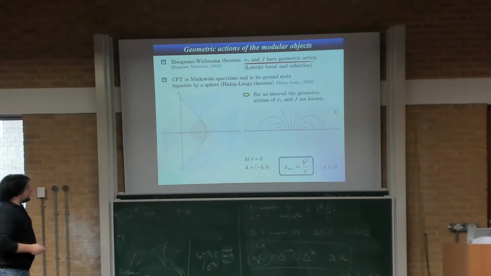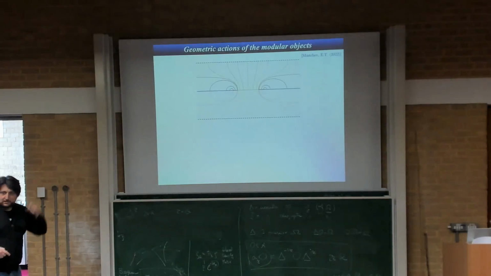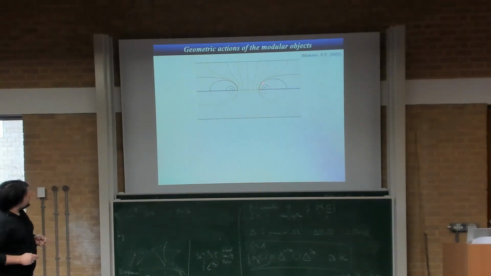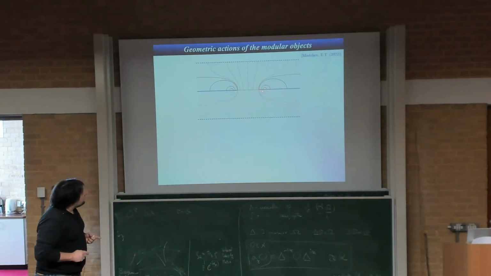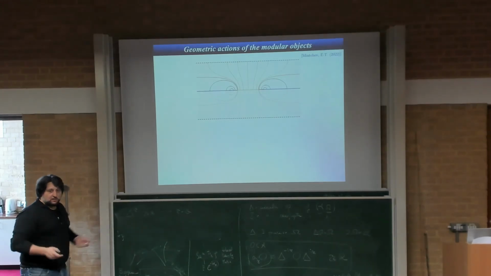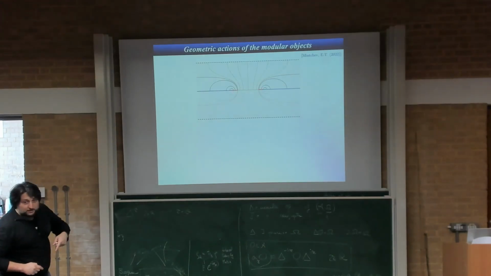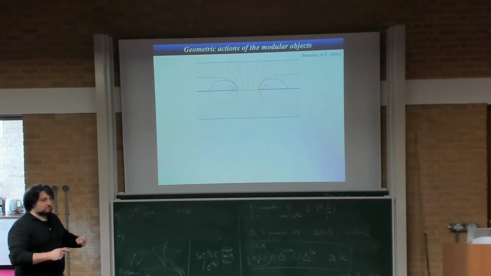Now, if you play the same thing at finite temperature in CFT, you know that you have a thermal cylinder, no? And then here something funny happens, because if you write these modular flows on the cylinder, you discover that if you start from the end point here, you go close to the end point. But if you keep going, at some point, you go to infinity. And this means that if you want to go from your interval to the complement, some part goes to the complement, but some part, which is the green part, goes behind.